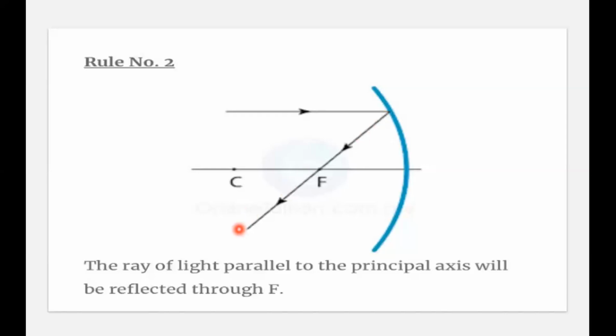Student, one thing must be noted over here. These rules are applicable for both types of mirror, the concave mirror as well as the convex mirror. So whenever the ray of light is reflected, it is always going to pass through focus.